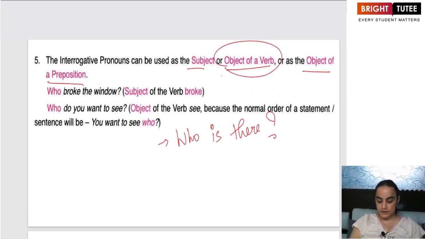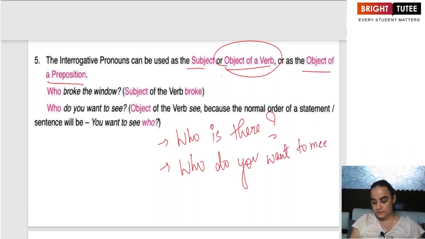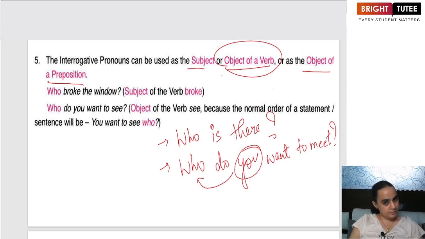If I say, who do you want to meet? Here, my subject is you, and I have used who as the object of the verb, right?